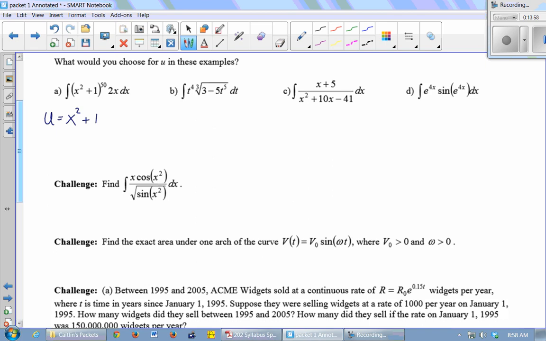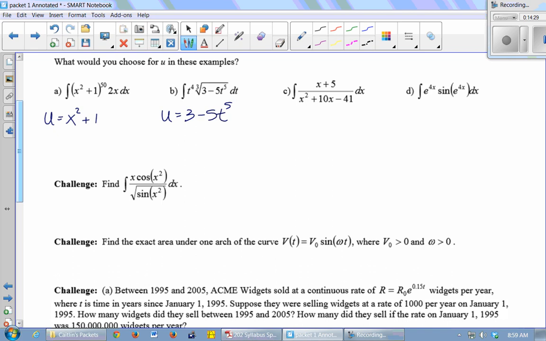And you want to choose something to be u whose derivative also shows up somewhere in the integrand. So when I look at this stuff under the radical, 3 minus 5t to the 5th, the derivative of 3 is gone, and the derivative of 5t to the 5th is 25t to the 4th. And I have a t to the 4th in here. So that makes it a good choice for u. The constant we can deal with easily because you can pull constants right out of integrals.